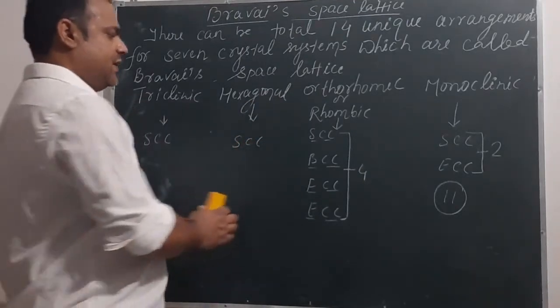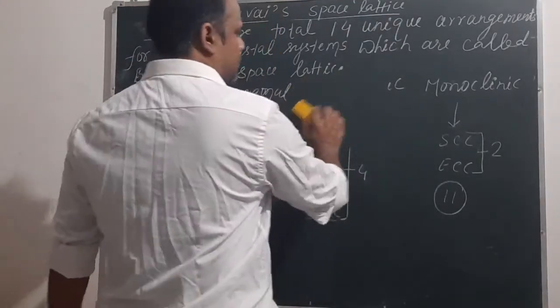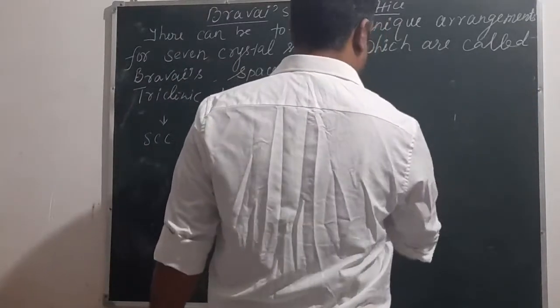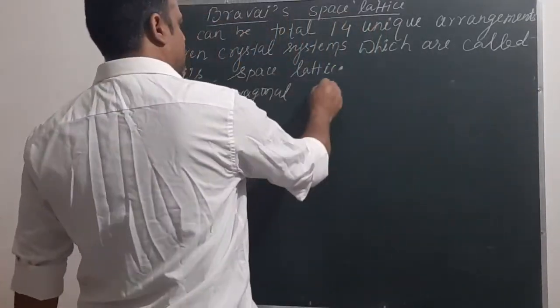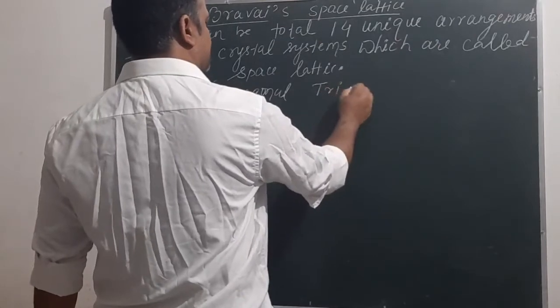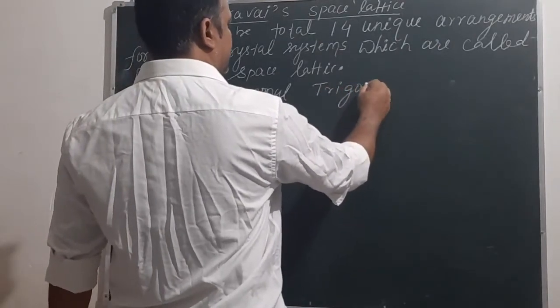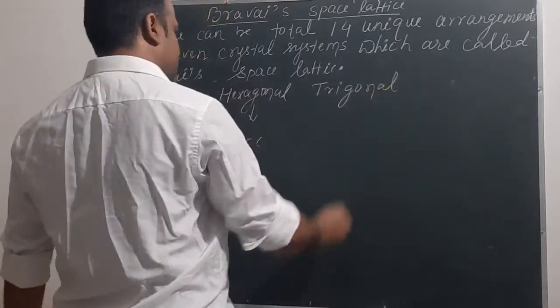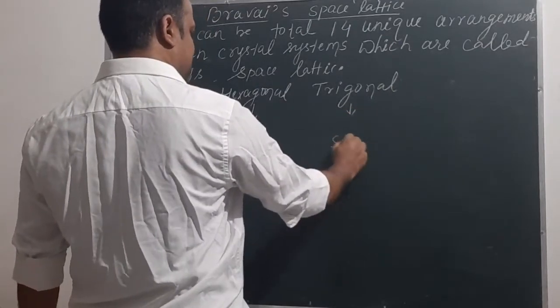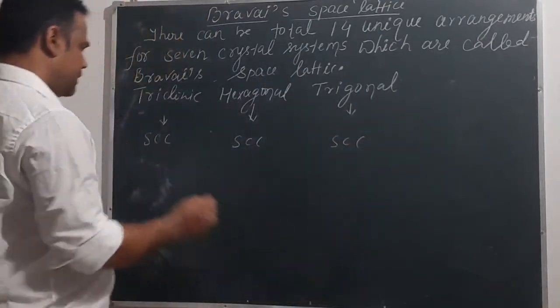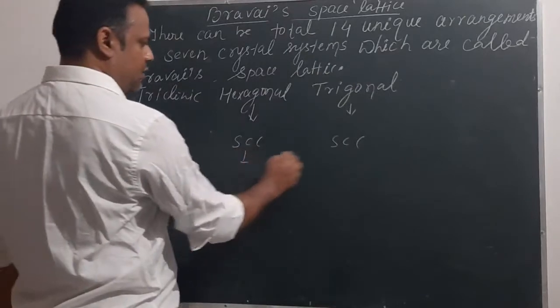And then the last one is trigonal or rhombohedral, both are the same. When we see trigonal, it has only one, that is SCC. So we have counted 1 and 1.